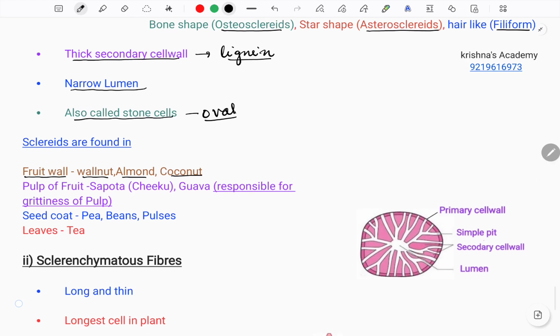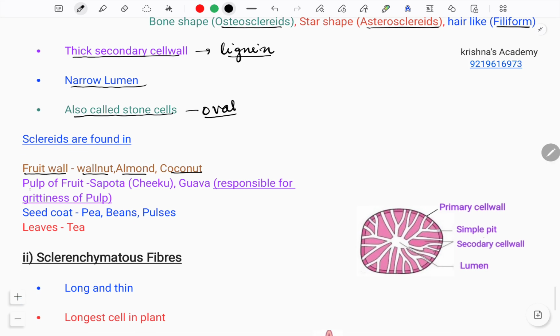Next, they are present in the pulp of fruit, sapota or chiku, guava, and they are responsible for the grittiness of the pulp. They are also present in the seed coat of peas, beans, and pulses. They are also present in leaves, for example tea leaves.